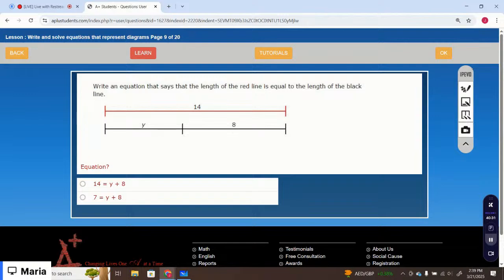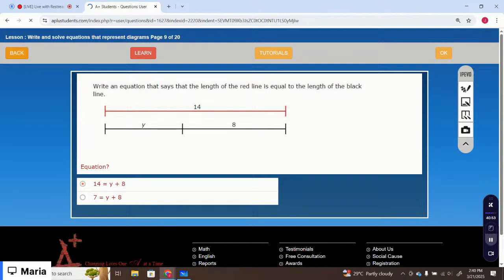Write an equation that says the length of the red line is equal to the length of the black line. That is y plus 8 equals 14. Option number 1 is the correct option.